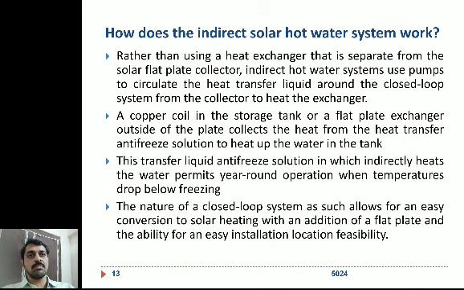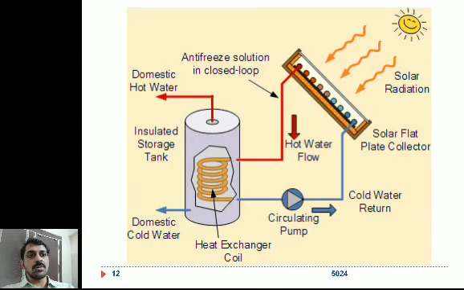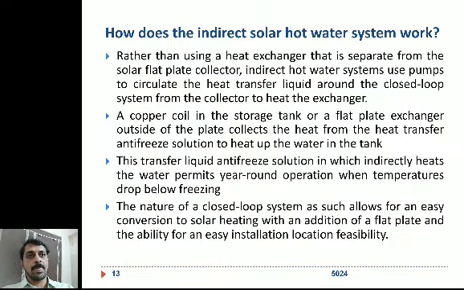So this is the working. Rather than using a heat exchanger that is separate from the solar flat plate collector, indirect hot water systems use pumps to circulate the heat transfer fluid around the closed loop. You can see the pump here, from the collector to the heat exchanger. A copper coil in the storage tank or a flat plate exchanger outside collects the heat from the antifreeze solution to heat up the water in the tank.